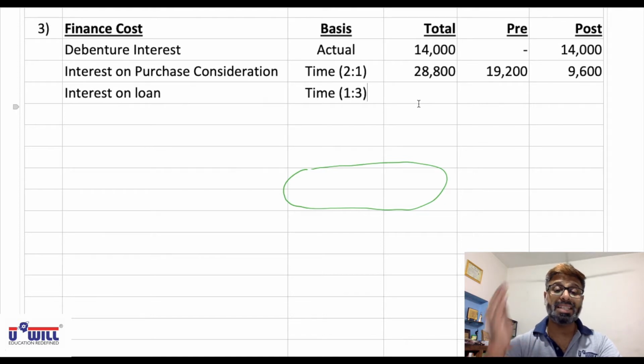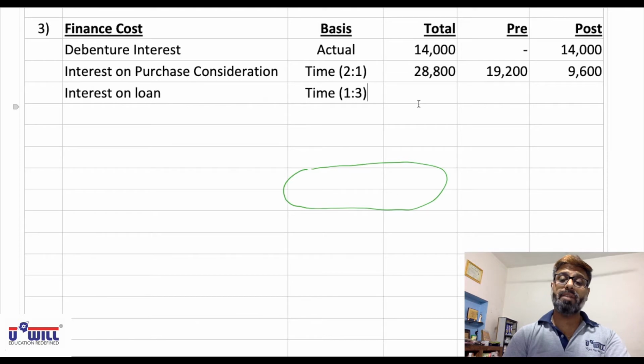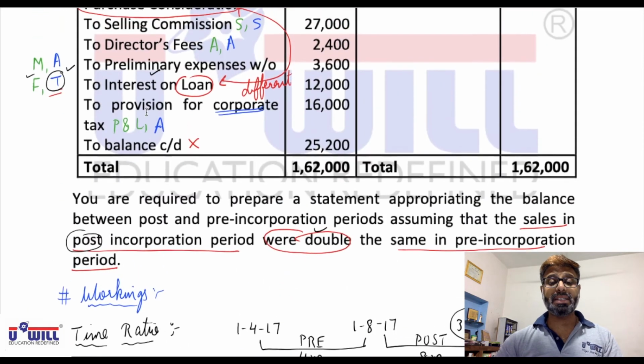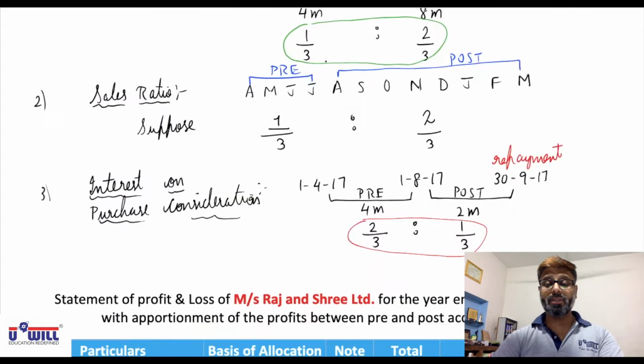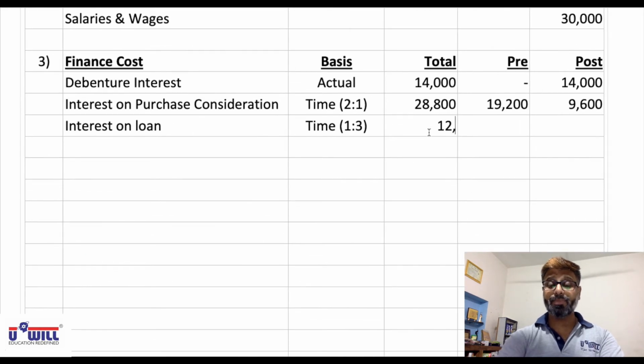In purchase consideration, it is given as 30th September. In case of loan, the date is not given, which means that the loan is still pending till 31st March. What is the amount of interest on loan? 12,000. So 12,000 will go on normal time basis. Total 12,000. 12,000 into 1 by 3, 4,000. 12,000 into 2 by 3, 8,000.